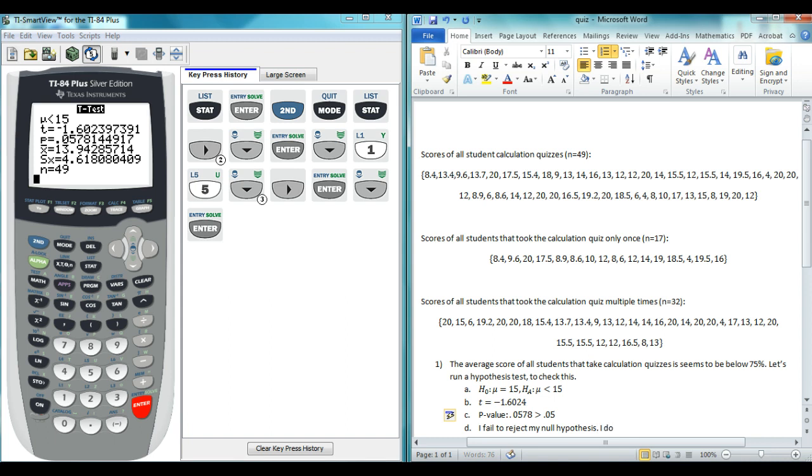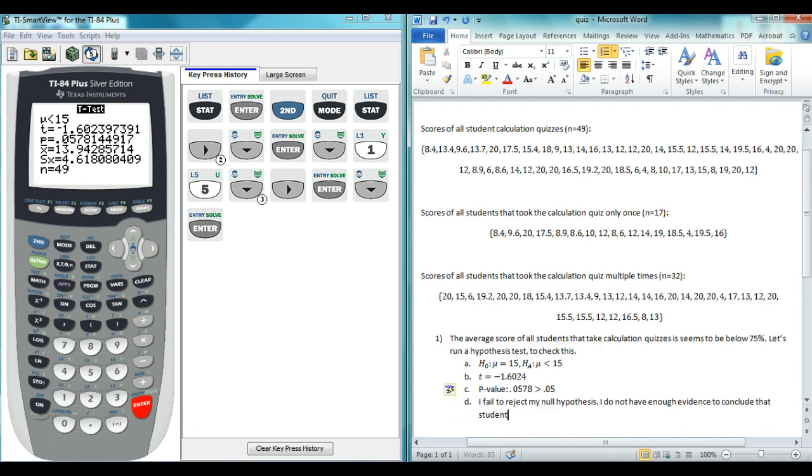I do not have enough evidence to conclude that students perform less than 15 out of 20 on my quizzes. So although the scores were lower than I hoped, they're not significantly lower. They're relatively close to what we hoped for.